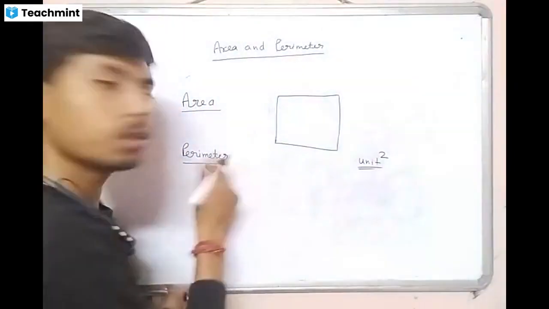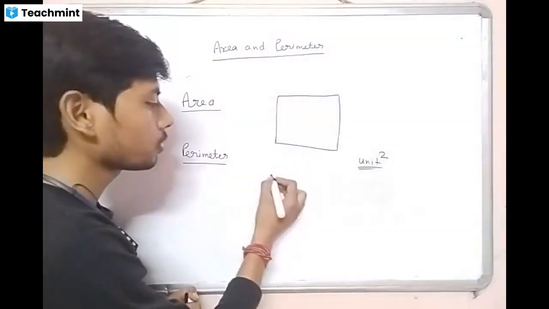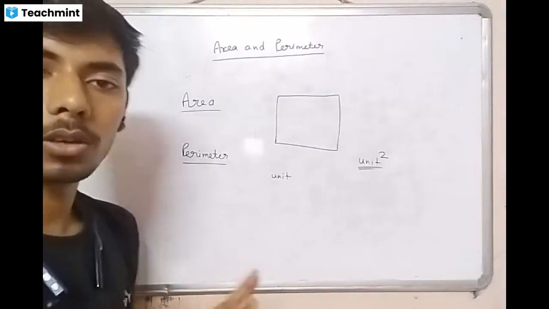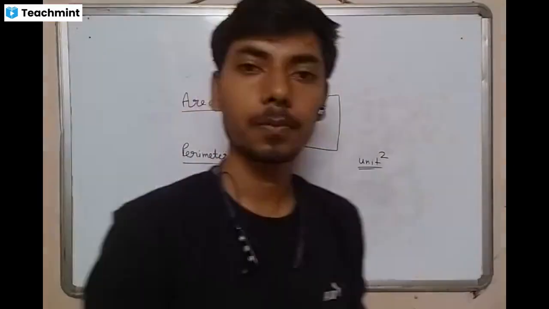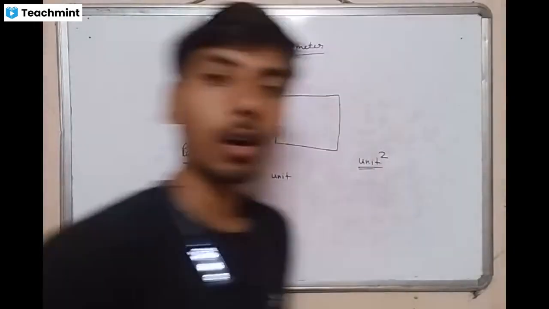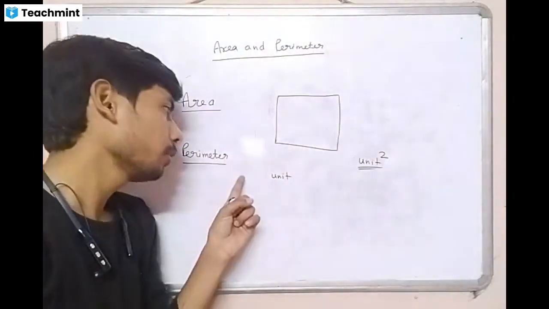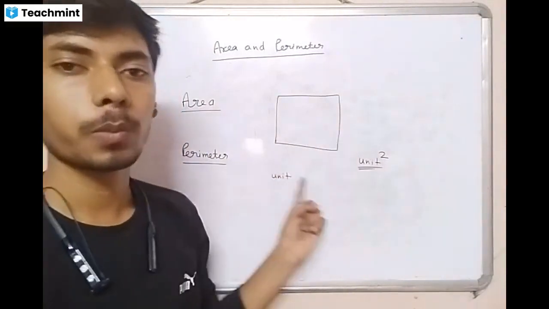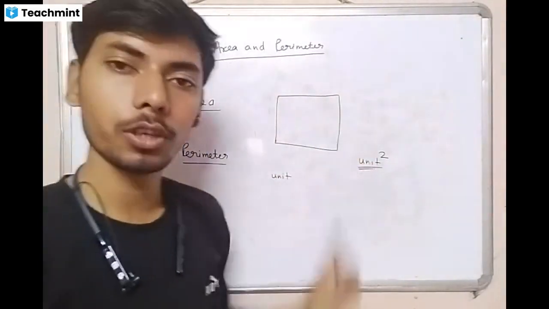So the unit of perimeter is simply unit, no square, nothing else. I hope you understood what is area, what is perimeter, and what their units are.